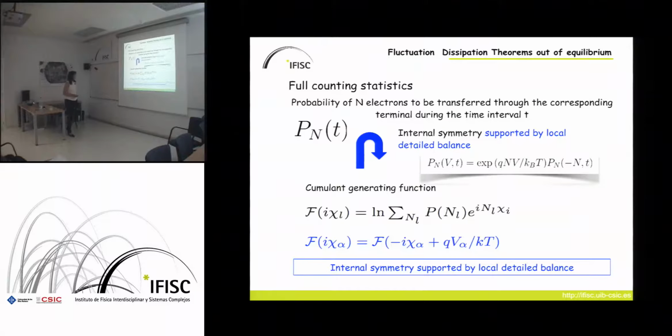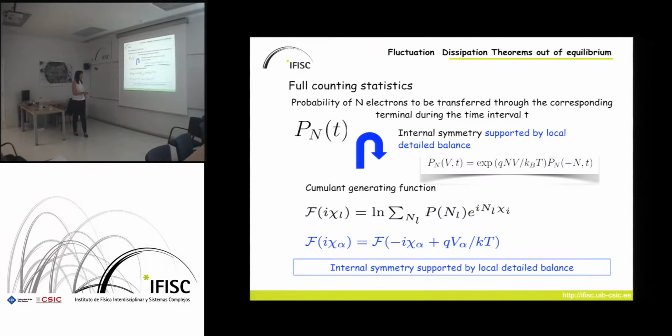Okay. So then, due to what is called local detail balance, one can prove that this function has an internal symmetry that relates the probability of transporting some charges forward or backward.